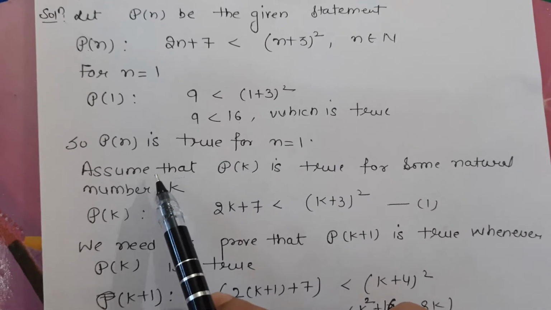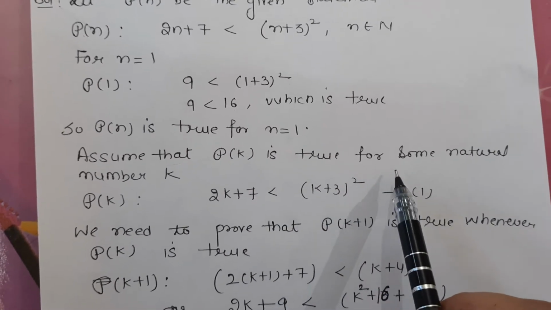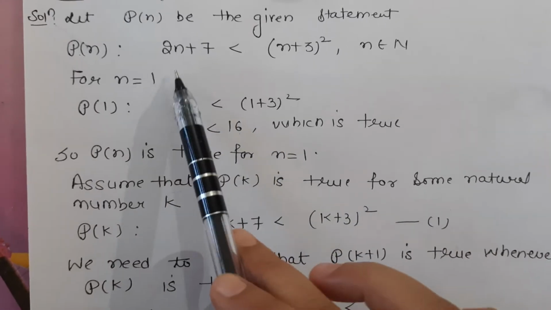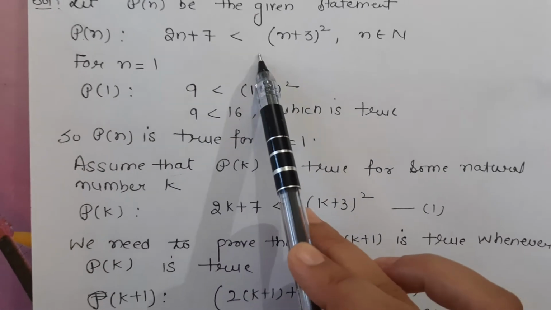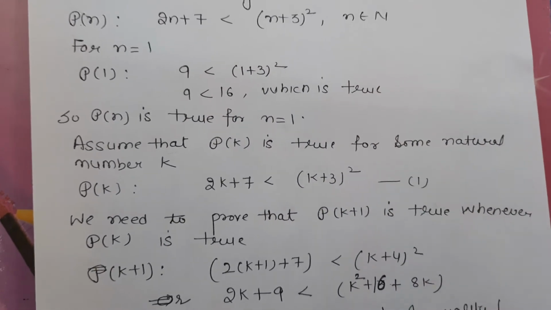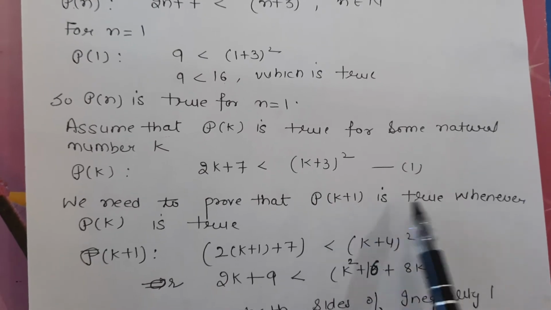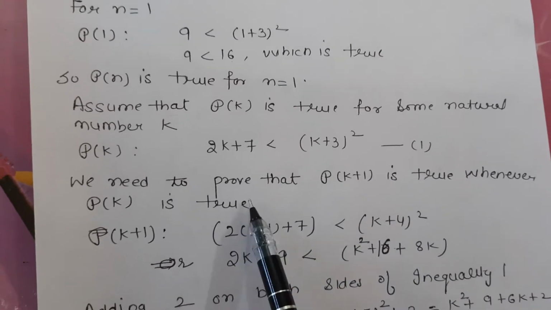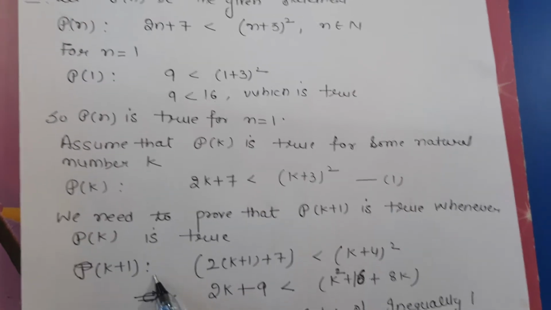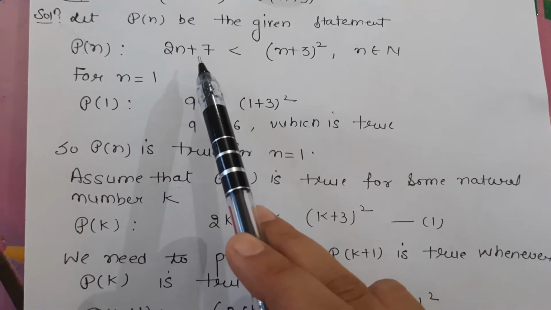Second step, we assume that P(k) is true for some natural number k. That means we'll have 2k + 7 < (k + 3)². Let this be true. Now we need to prove that P(k + 1) is true whenever P(k) is true. So we'll write P(k + 1). In this result, we'll just replace n with k + 1.